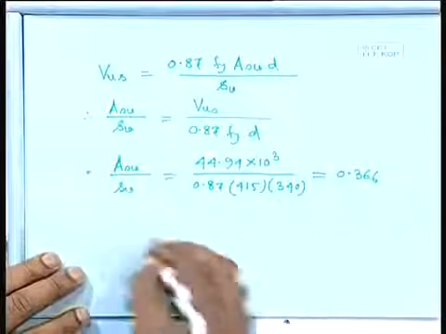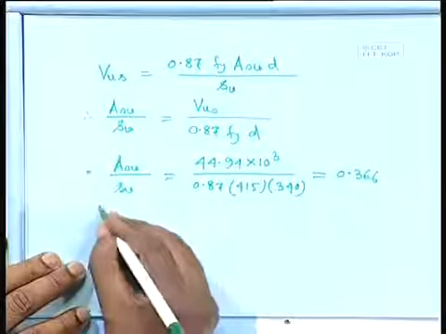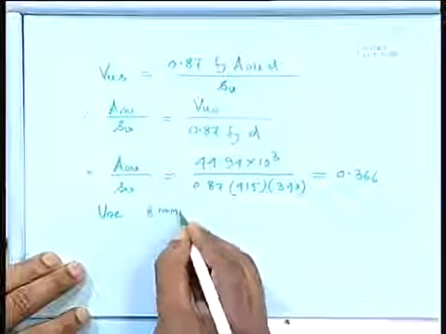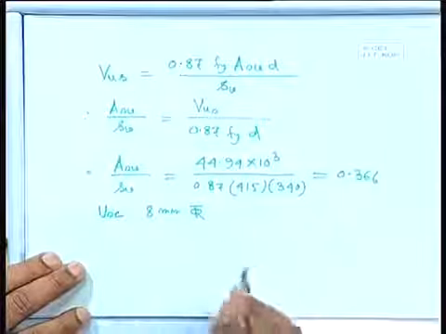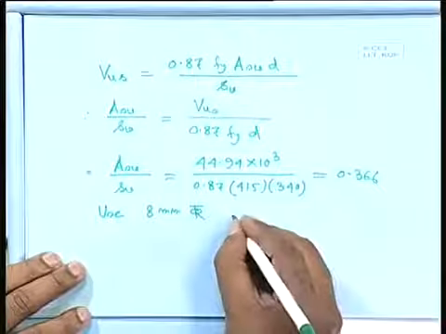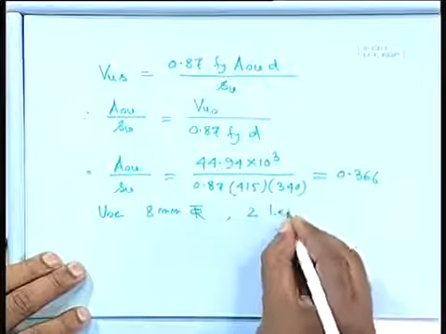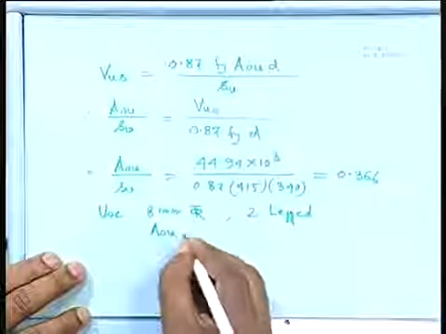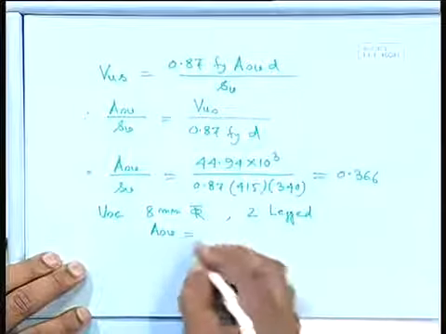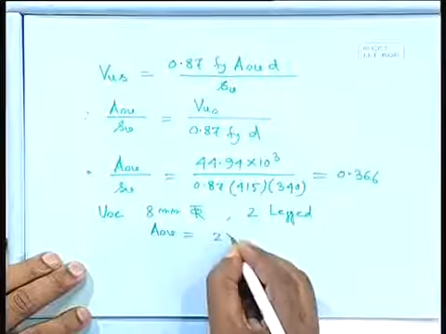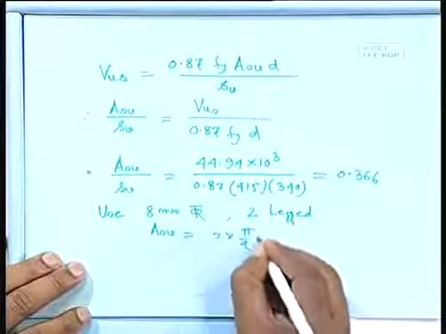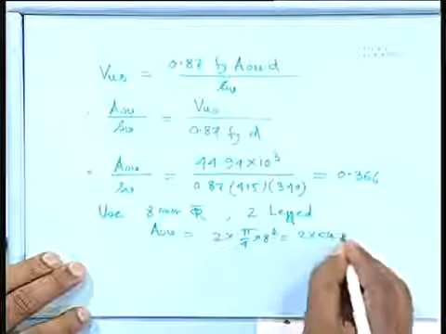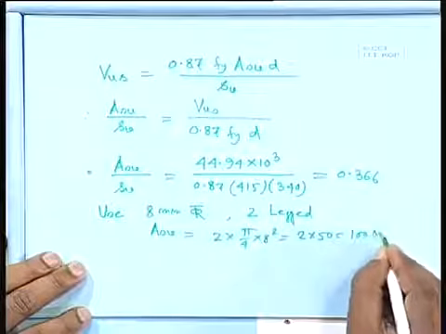If we use, let us say, 8 mm Tor, and we shall use two-legged, therefore Asv equals 2 into 50, equals 100 square millimeter.